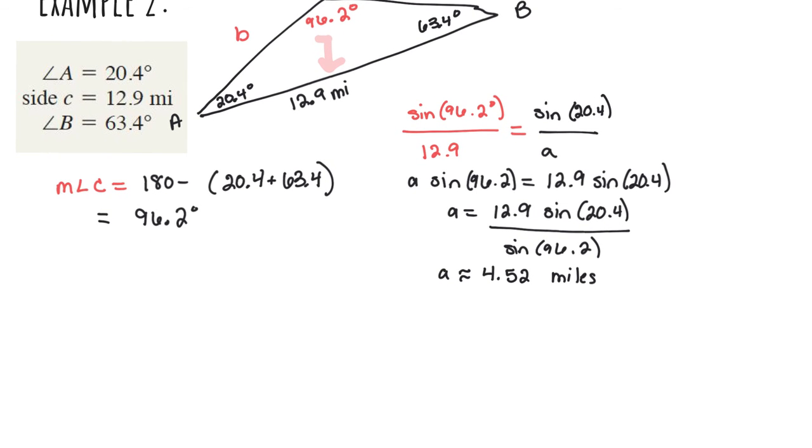We want to always go back to that original ratio we started with. So we're going to go back. Sine of 96.2 is to 12.9. This time we're going to solve for side B. Again, cross multiply.